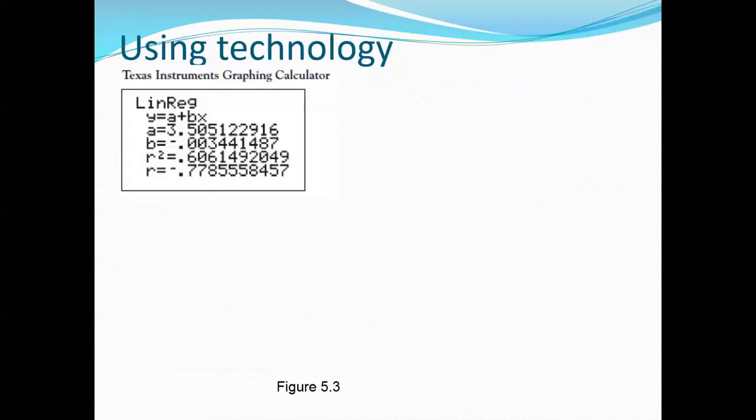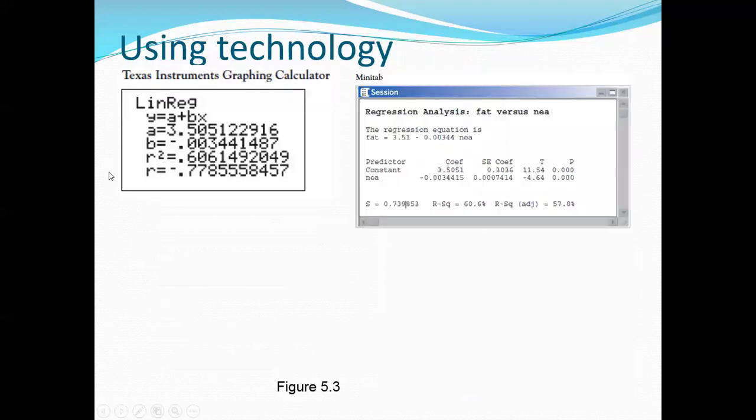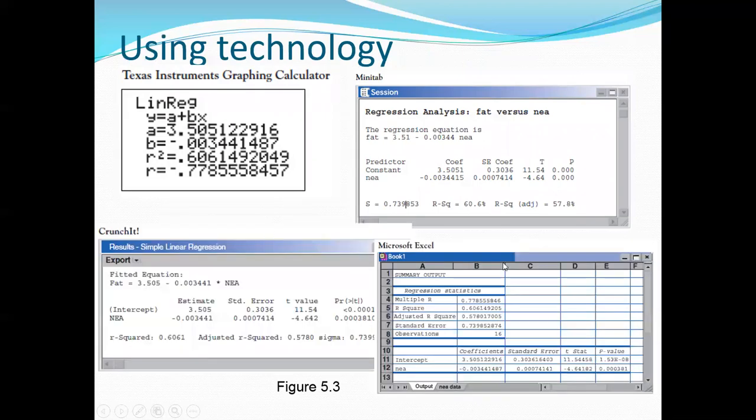Using technology, we can use the calculator, Minitab, CrunchIt, which is the app, I don't know if it works, and Excel. You can see that the output from the calculator is y equals a plus bx. A is listed as 3.5051. B is negative 0.0034.